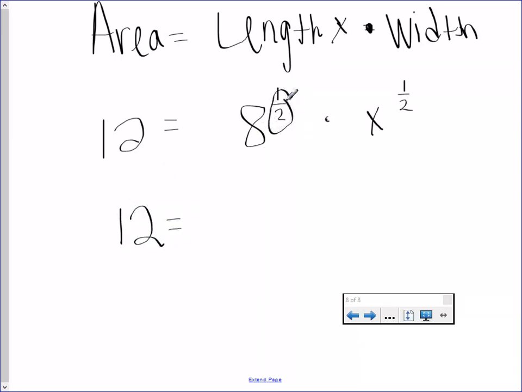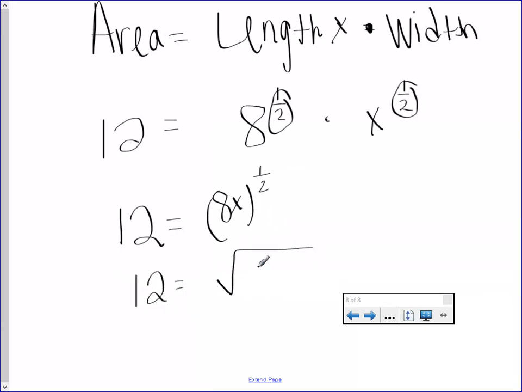So since this one has a 1/2 and this one has a 1/2, you can actually just combine the 8 and the x and then give them both the 1/2. And then we can rewrite it. So instead of writing 1/2, this would be the same thing as saying the square root of 8x.